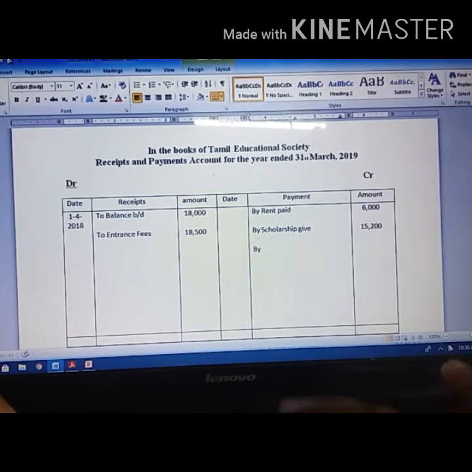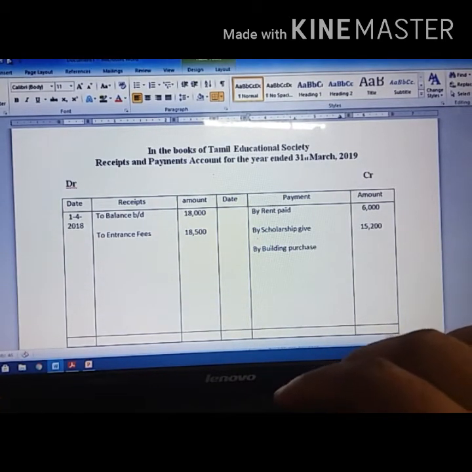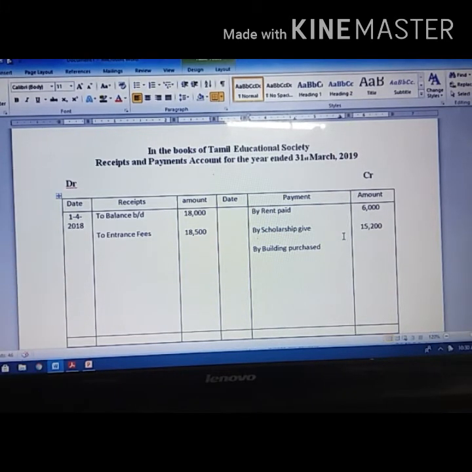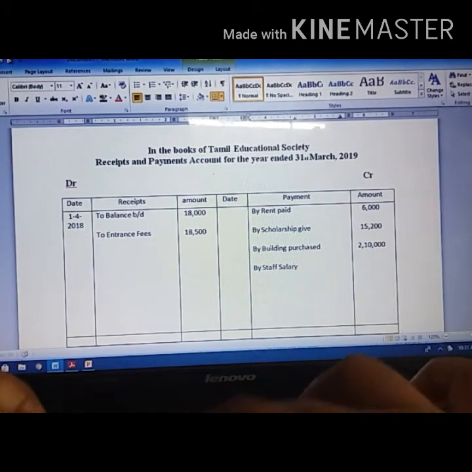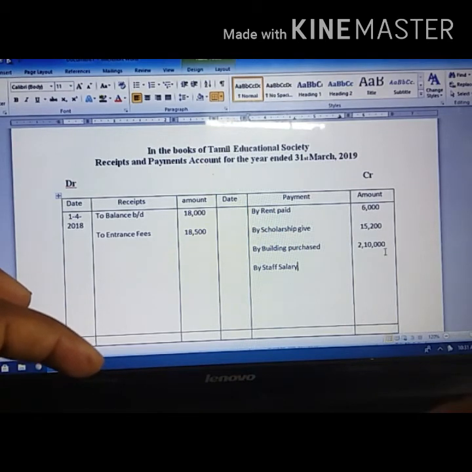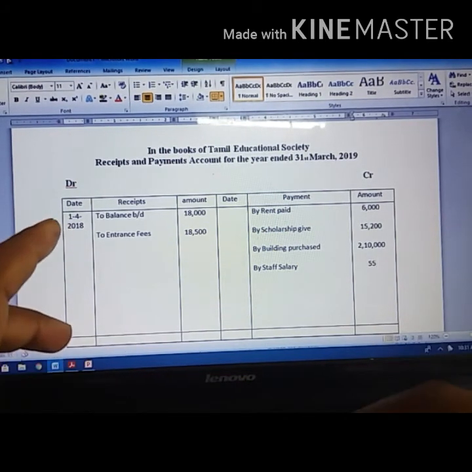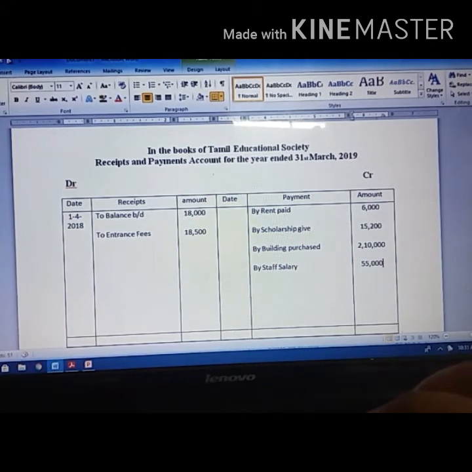By building purchased, 2,10,000. Then By staff salary, 55,000. Then one more thing is there, subscription receipt.